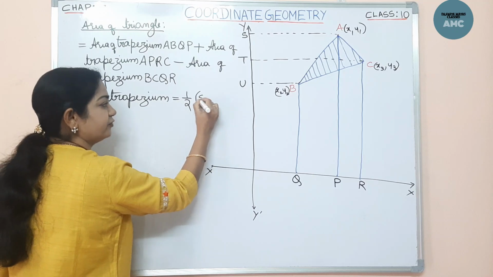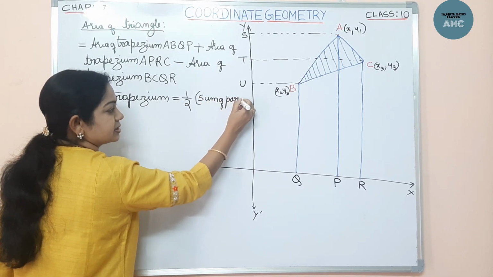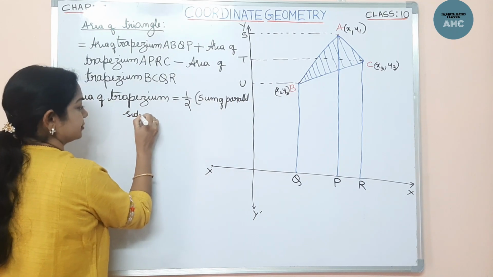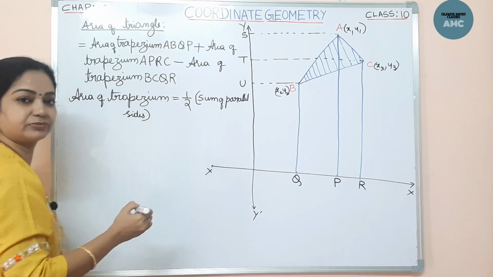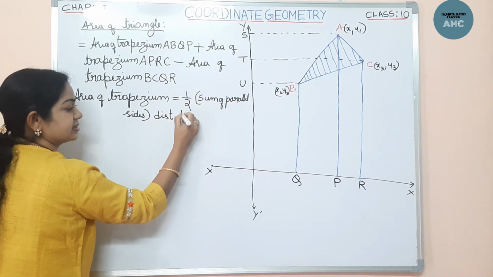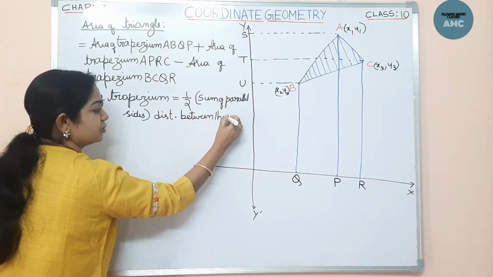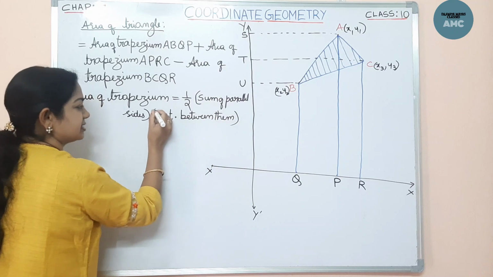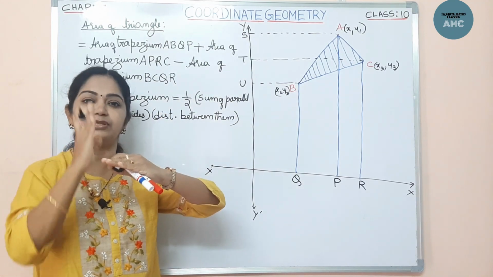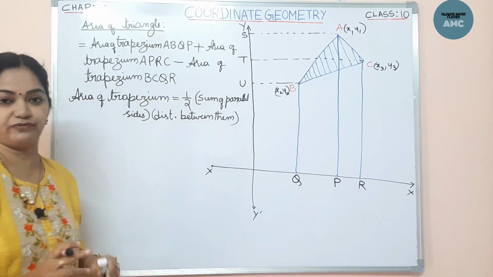So one set of parallel sides, the other set is non-parallel. Half into the sum of the parallel sides, into the distance between those parallel sides. So this is nothing but the height.